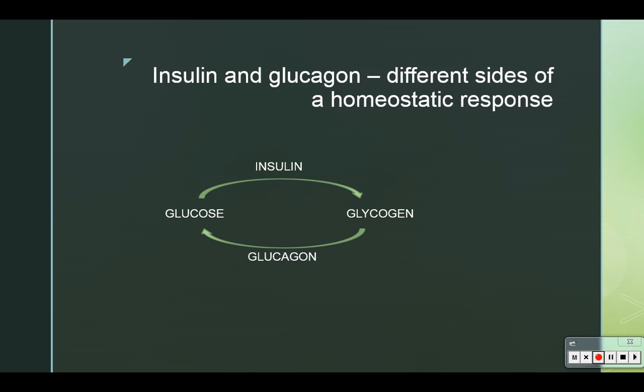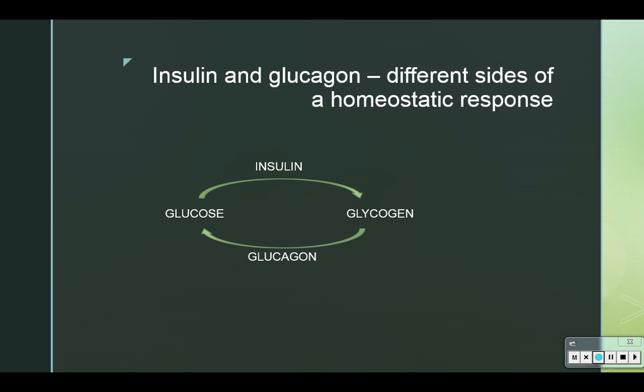Alright, so now let's take a look at an example in humans. So insulin and glucagon are two hormones that are sort of opposite sides of a homeostatic response in humans. Probably in other animals too, but I know that other animals have insulin, so they must have glucagon.